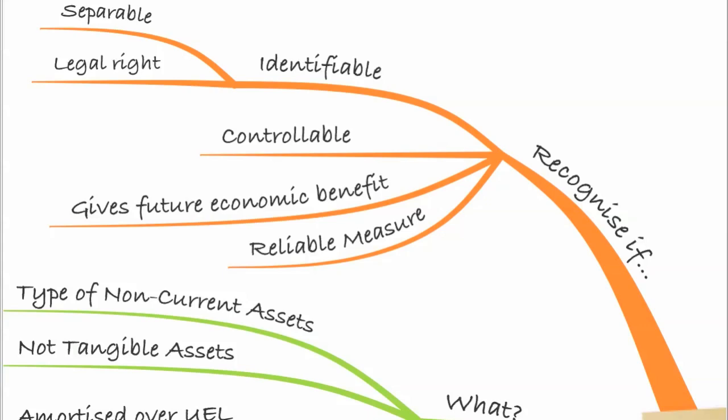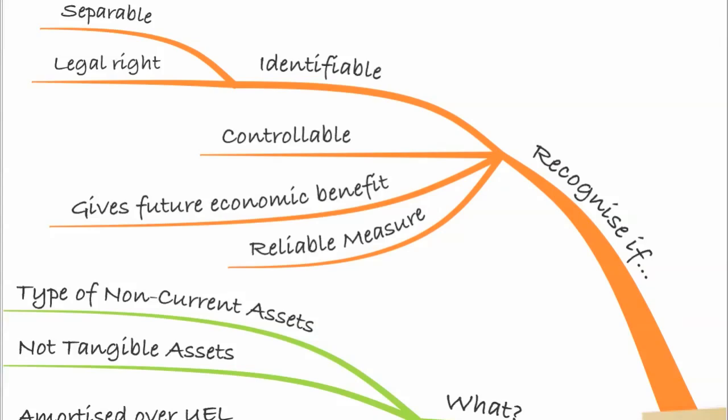So that's not always easy when it comes to intangible assets, but it's a requirement in order to recognize it. So those are important because if it doesn't meet those criteria, we cannot capitalize an intangible asset. They need to be identifiable, controllable, give future economic benefit, and we need to get a reliable measure of it.